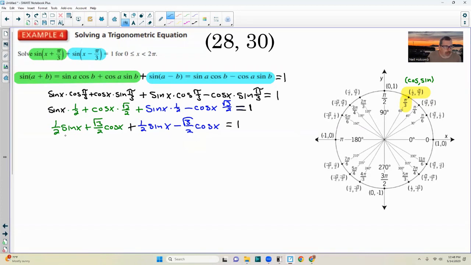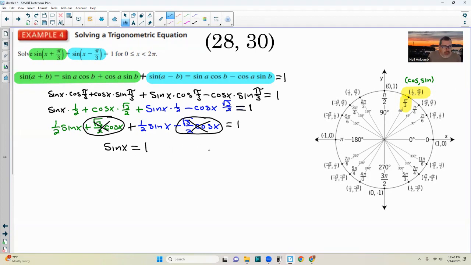Okay, now I have a 1/2 sine x plus a 1/2 sine x, which becomes the sine of x. 1/2 plus 1/2 is 1. And then I have root 3 over 2 cos x minus root 3 over 2 cos x. So those cancel. So I just get the sine of x equals 1.